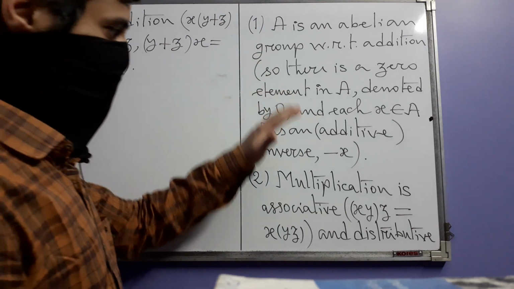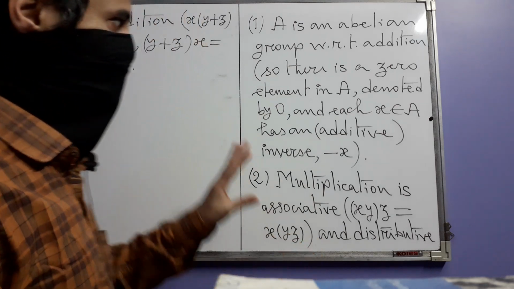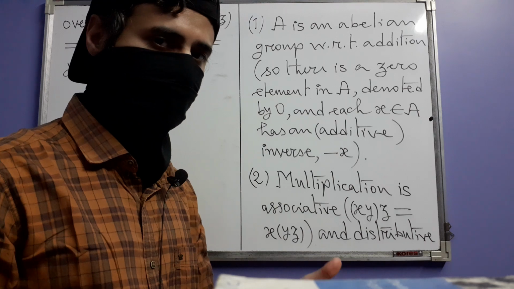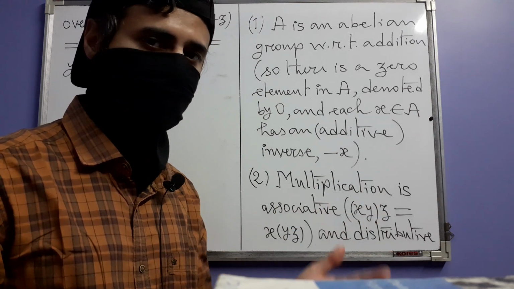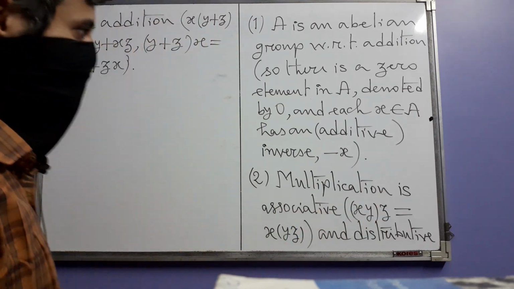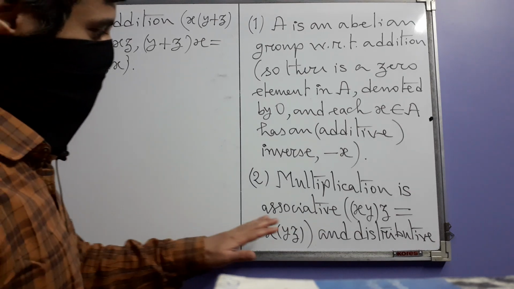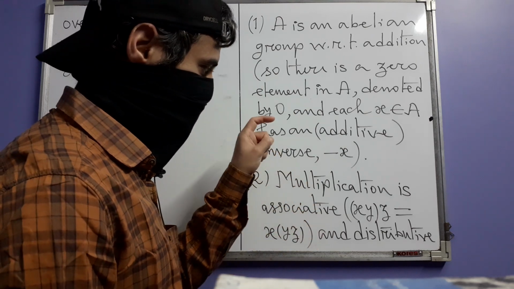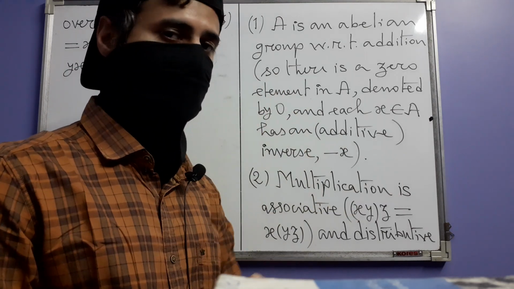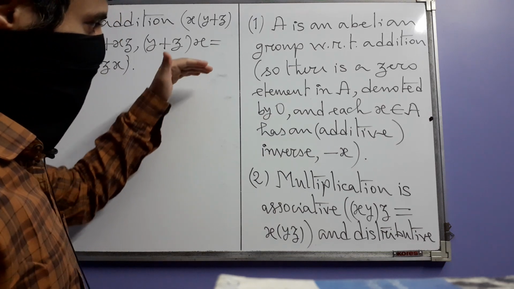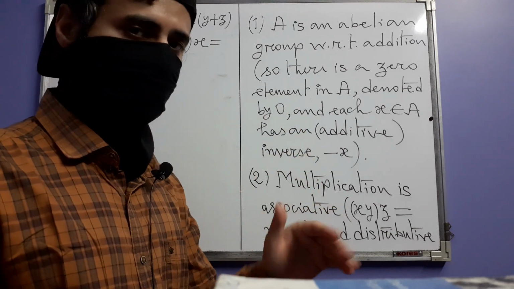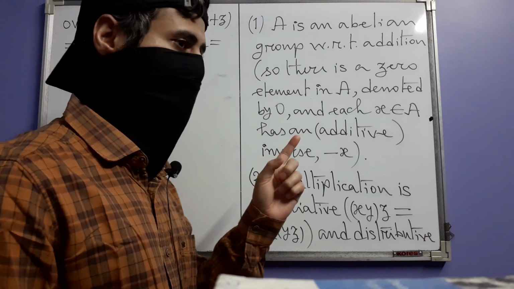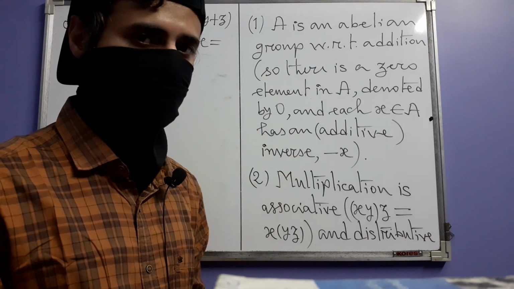Okay, so if these two conditions are true, then we call the system A, meaning the set A with the two binary operations addition and multiplication, a ring. However, as we see these things, because we have seen similar things in Topics in Algebra by Herstein, as we go along we are going to parallelly see and recall what we saw in Topics in Algebra.